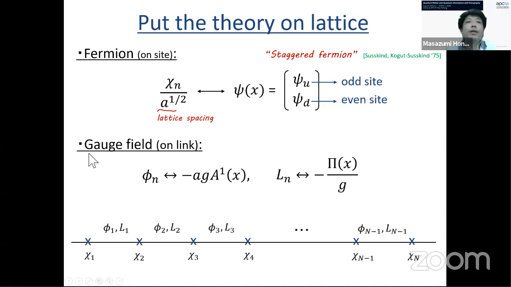And the gauge field is living on links. And in the Hamiltonian formalism, we have a real link variable and conjugate momenta. Graphically speaking, we have a fermion on sites and gauge degrees of freedom on links.